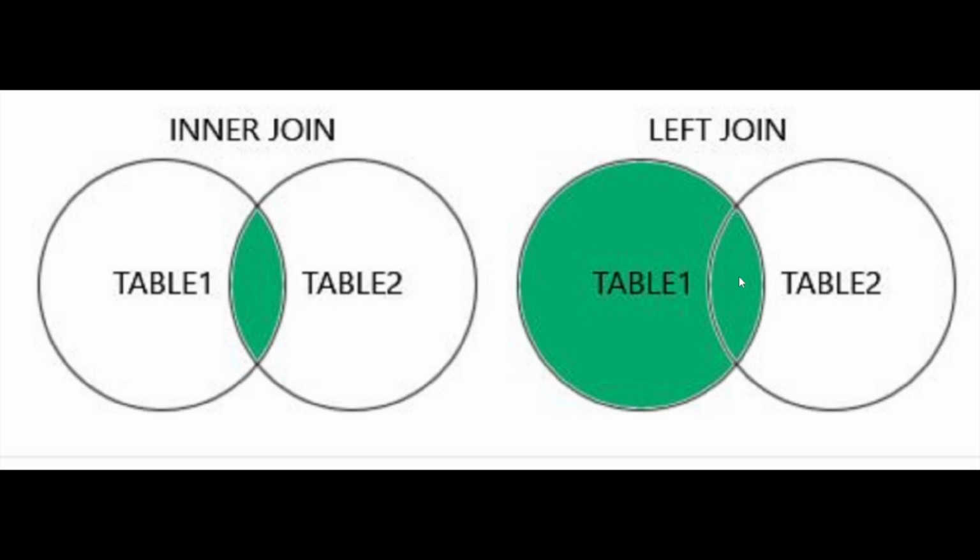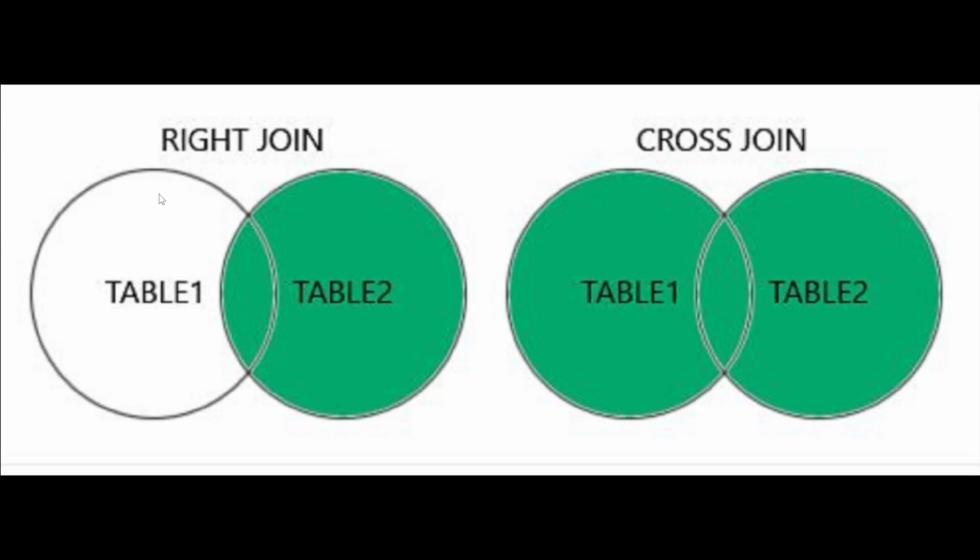So it returns all the records from the left table and the matched records from the right table, and the opposite of this concept is right join. It returns all the records from the right table and only matching records from the left table, whereas cross join returns all the records from both the tables, left or right.